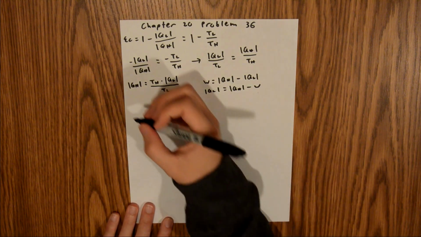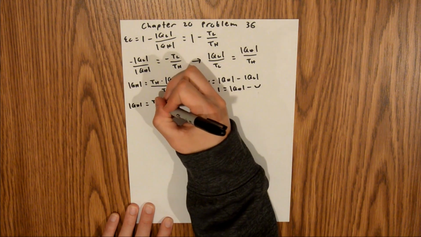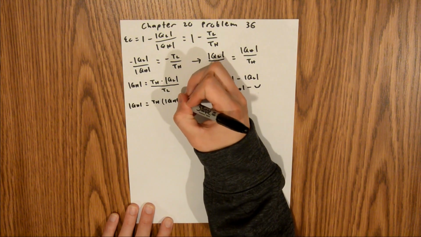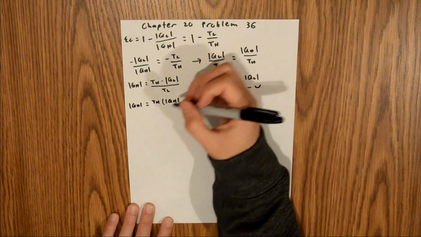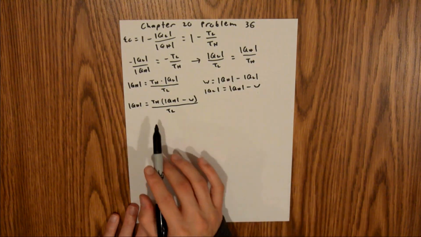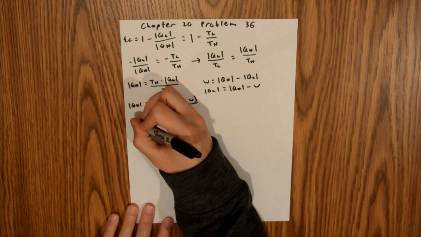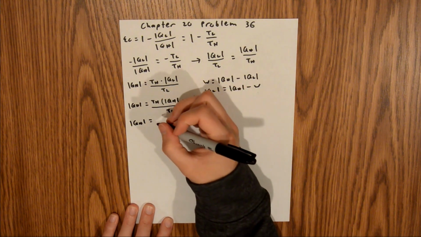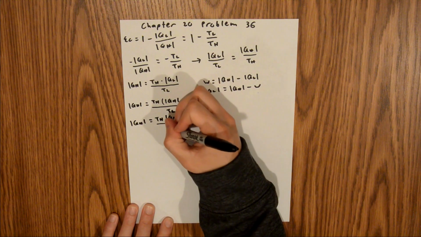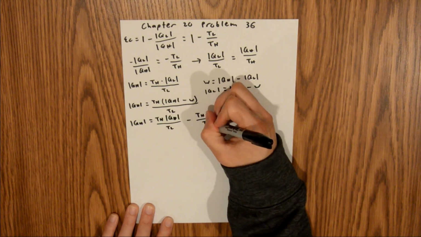And so now we can make that substitution, and we'll have QH is equal to TH times QH minus W all over TL. And so now we can distribute TH over TL into both of these terms, and so we'll get QH is equal to TH QH over TL minus TH times W over TL.